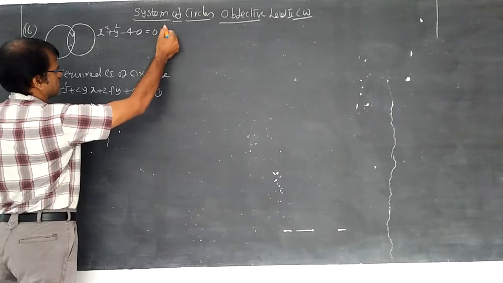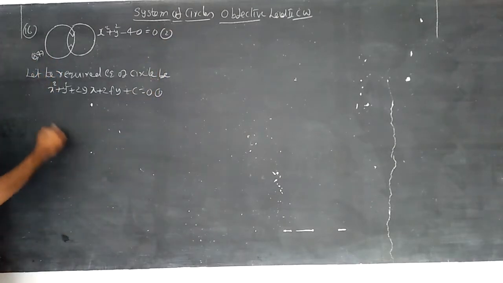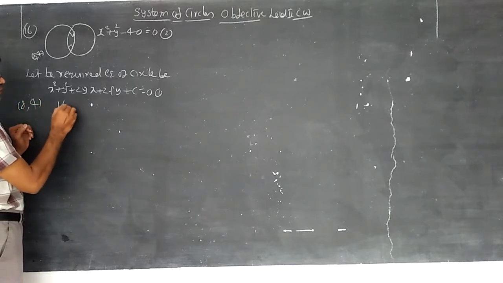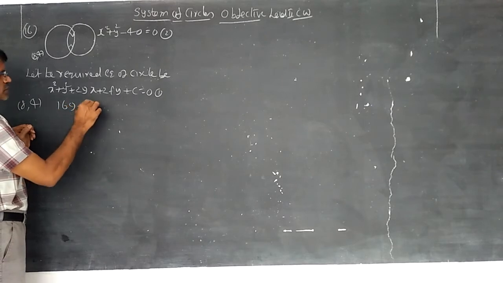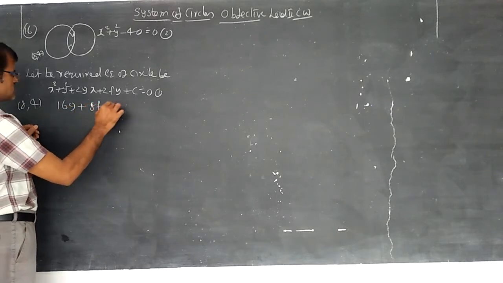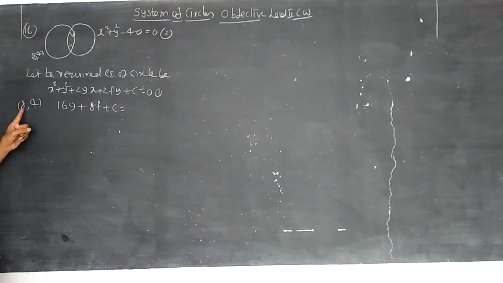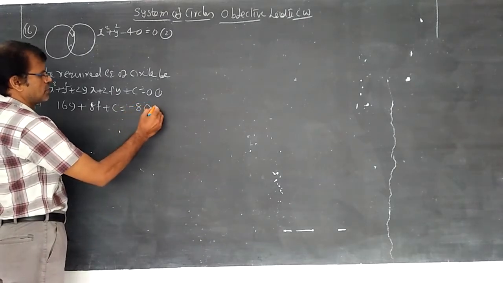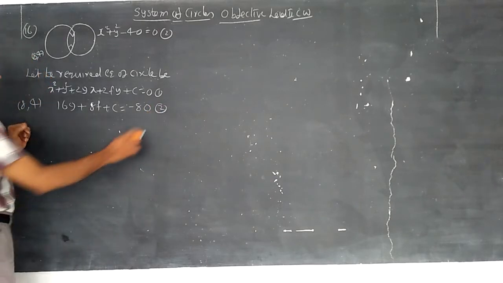Let it be the first equation, and this is the second equation. This is passing through (8, 4), so substitute (8, 4) here. It becomes 16g plus 8f plus c is equal to minus 80, since 64 plus 16 is 80. That is the third equation.